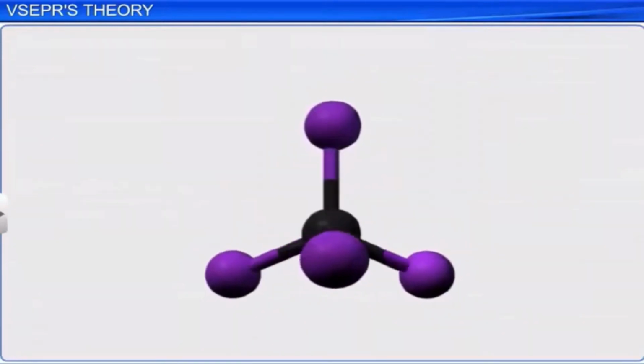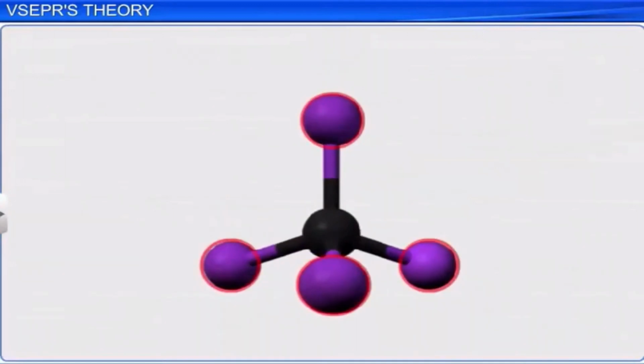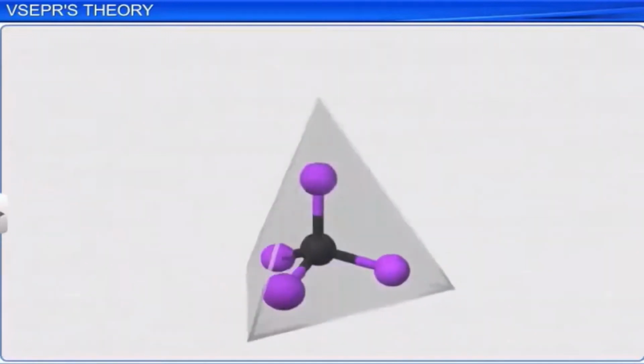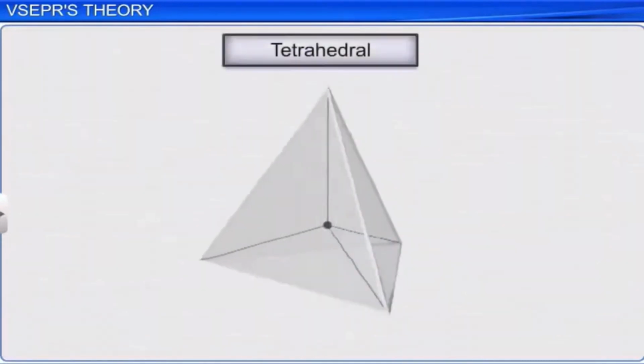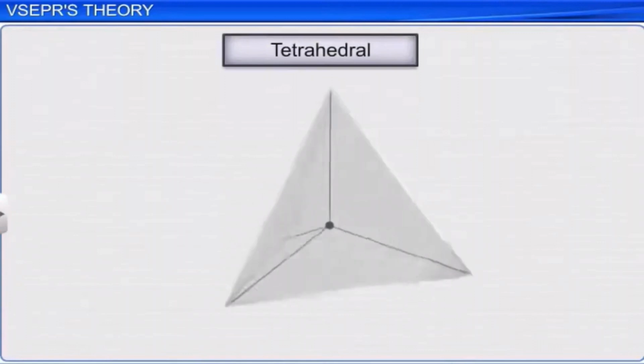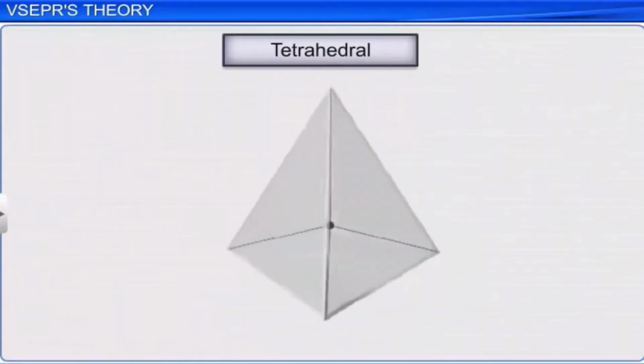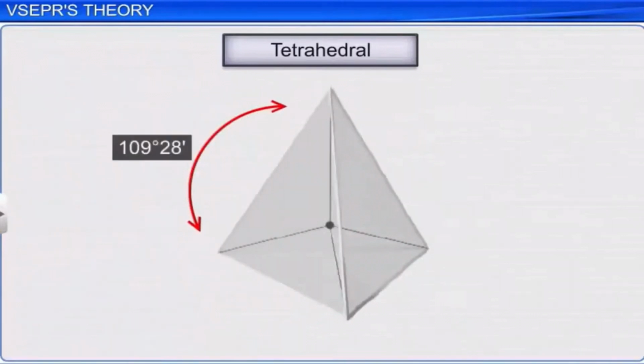As a result, all 4 hydrogen atoms arrange at 4 corners of a tetrahedron, lying at equal distances away from each other. Hence, methane has a tetrahedral shape. In the methane tetrahedron, the bond angle is 109 degrees 28 minutes.